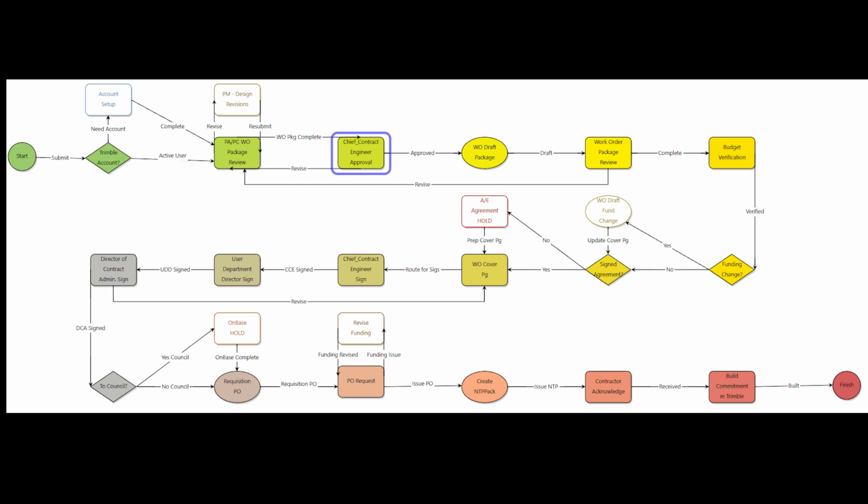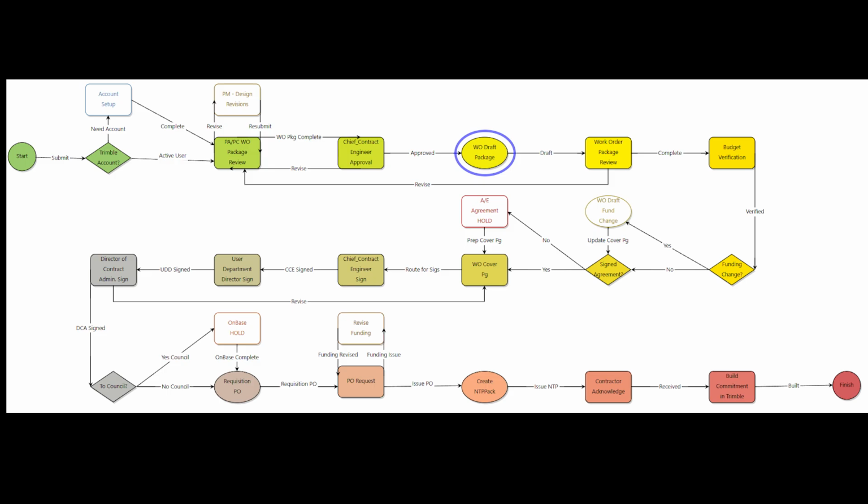final approval. This individual, Sarah Rodriguez in this case, has the opportunity to send it back to the PA/PC, who then, if revisions are again necessary, will send it back to the PM, and the iteration will return to the PA/PC once the design PM has made the revisions, and they will send it back to Sarah for that approval.